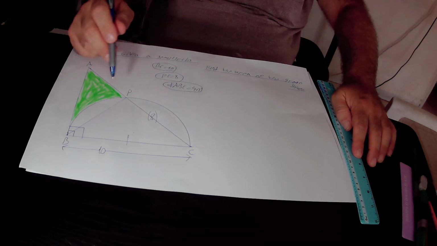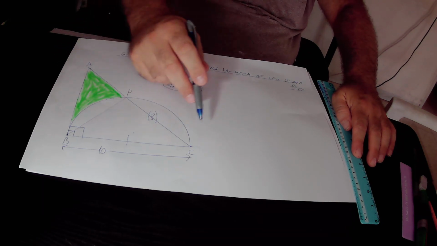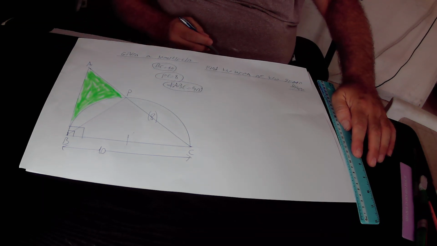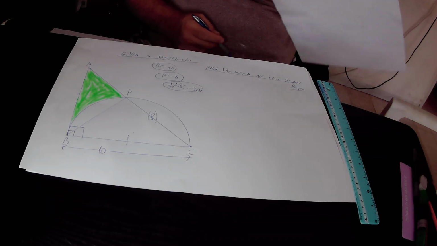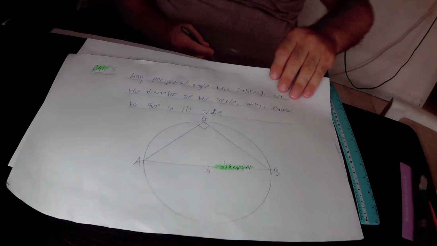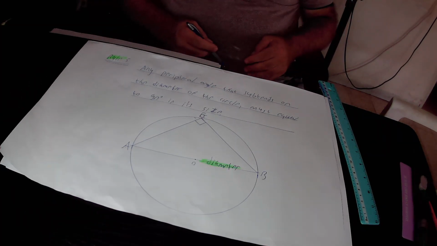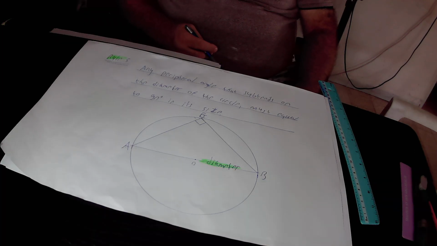Peripheral angle BPC subtends on BC, that is the diameter of the semicircle, and according to rule 5, any peripheral angle that subtends on the diameter of the circle or semicircle must be equal to 90 degrees in its size. Let's see it again. According to rule 5, any peripheral angle that subtends on the diameter of the circle or semicircle must be equal to 90 degrees in its size.